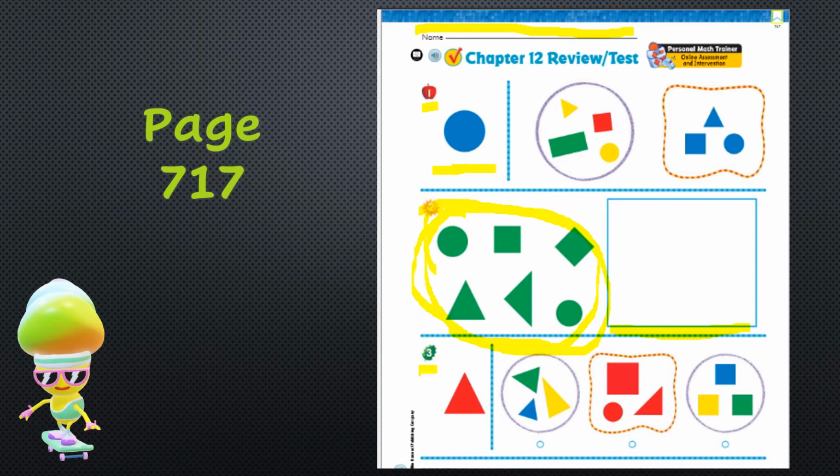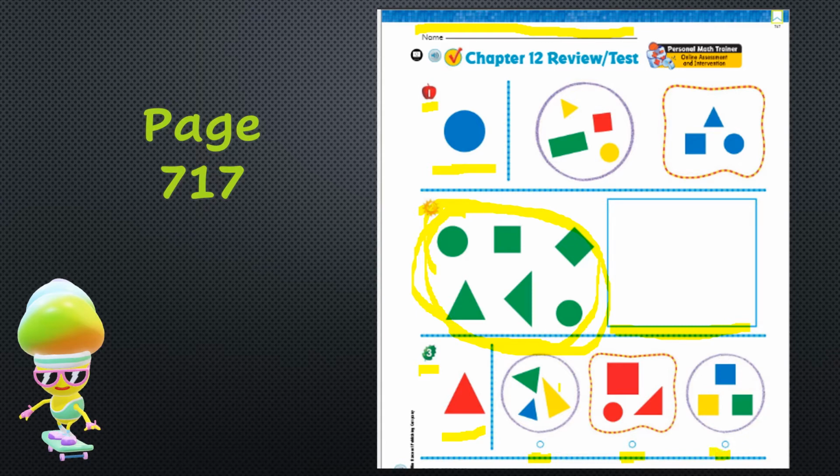All right, for number 3, look at the shape at the beginning of the row. Then I want you to mark under each category that shape can belong to. If it can belong in this group, then you'll mark in that bubble. If it can belong in this group, mark in that bubble.